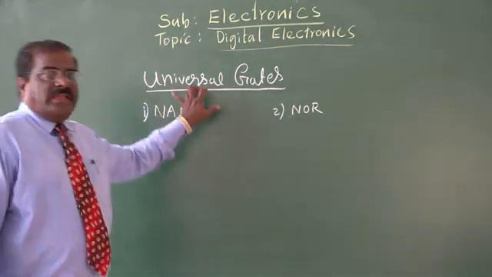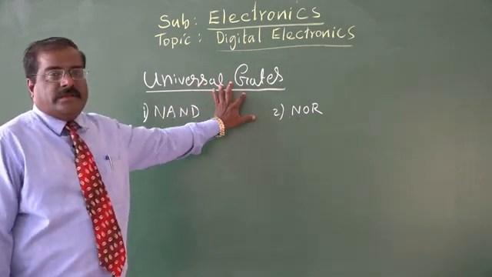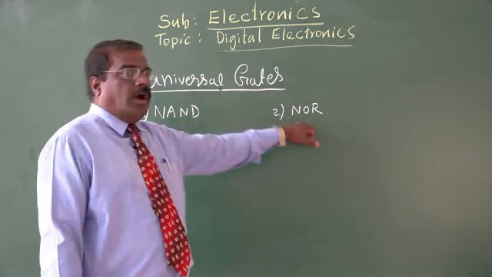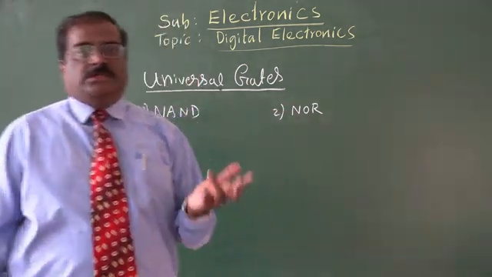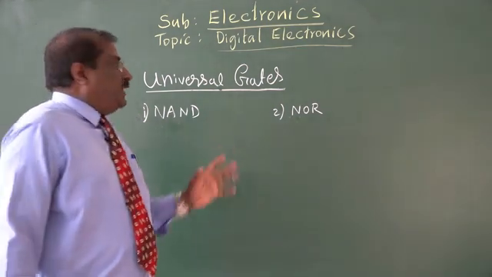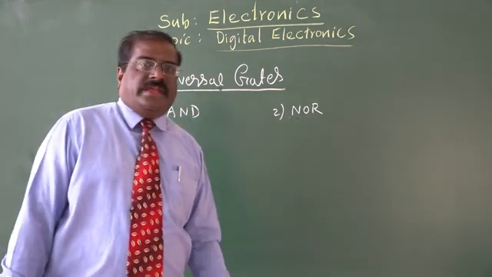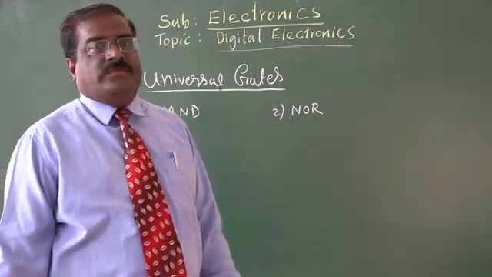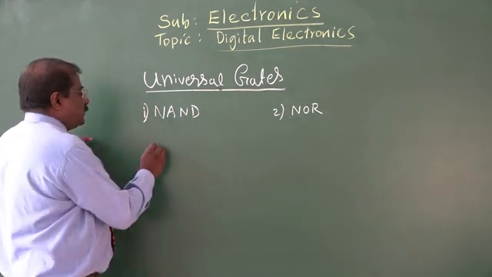Universal gates: why we call them universal gates means we can derive all the basic gates using NAND and NOR. So we can realize all the basic gates and all the exclusive gates. That is why they are called universal gates. Just think of the truth table.